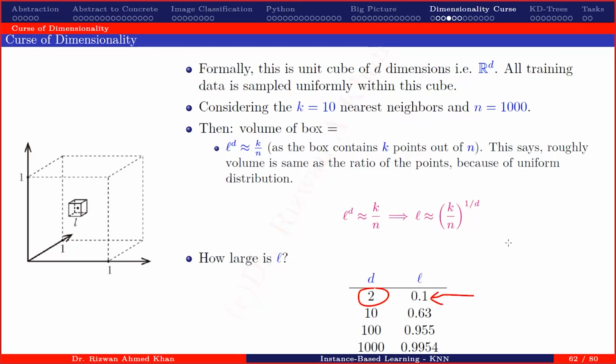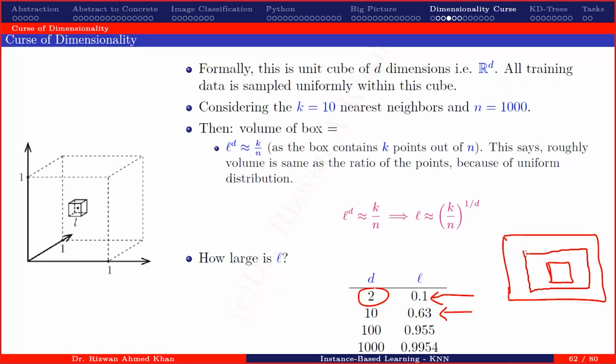So if this is the bigger box, let's say this length is 0.1, okay, for d equal to 2. Fair enough, it's okay. But let's see, you increase the dimension of the feature vector, the length increases to 0.63. 60% of the whole is used with only 10 dimensions.